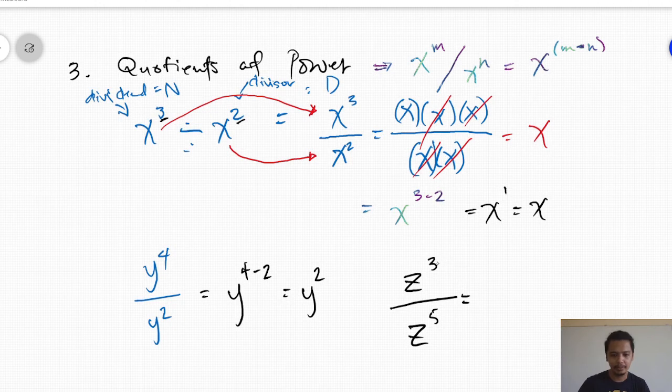Okay? So, ganun lang din. Same. So, write mo lang yung z. Tapos, yung sa exponent, so we have there 3 minus 5. And by rule of integers, alam niyo naman mangyayari dyan. So, proceed lamang kayo sa rules na alam niyo sa integers. So, we have there z raised to negative 2.